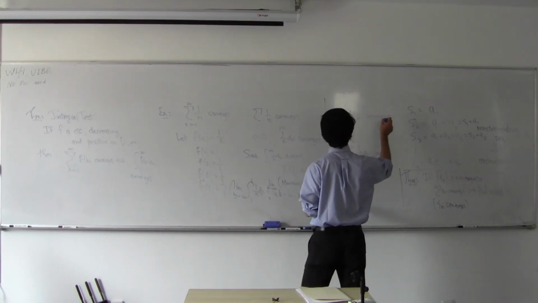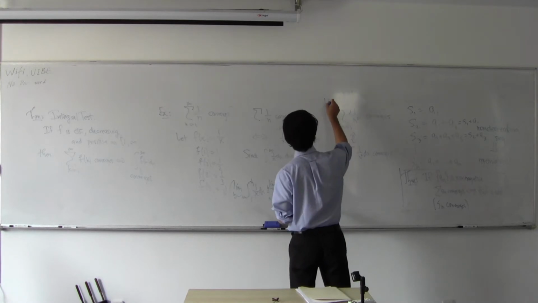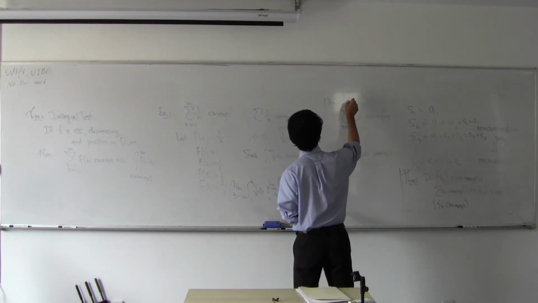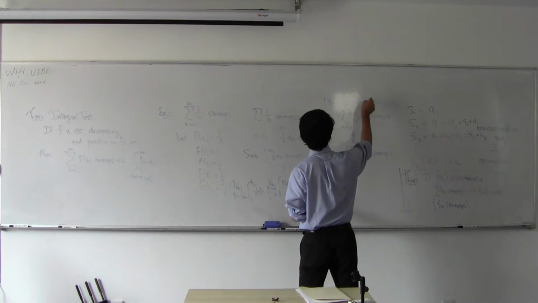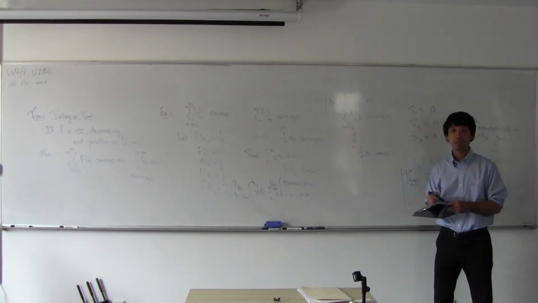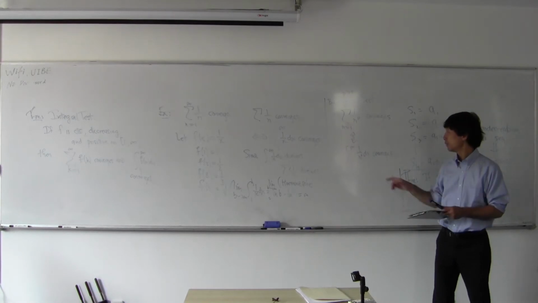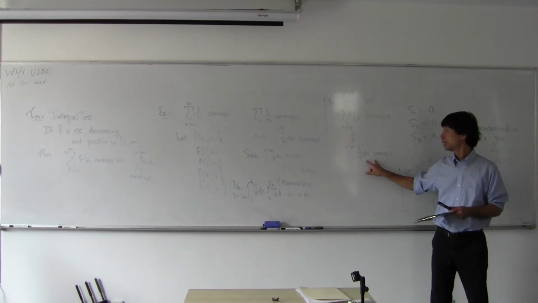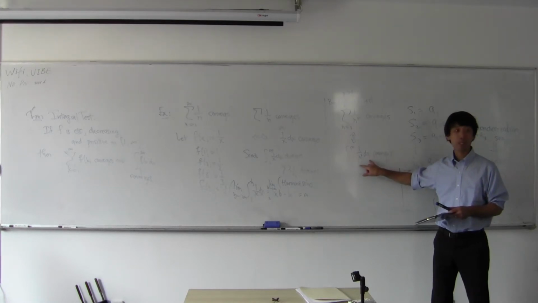By the integral test, this series converges if and only if this improper integral converges. And we saw earlier by calculation that this only converges when p is bigger than 1.